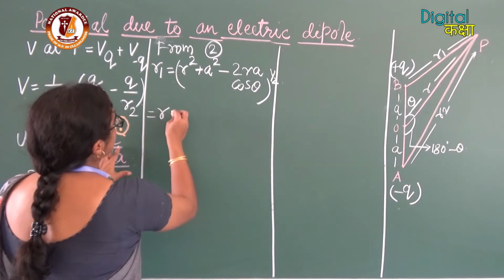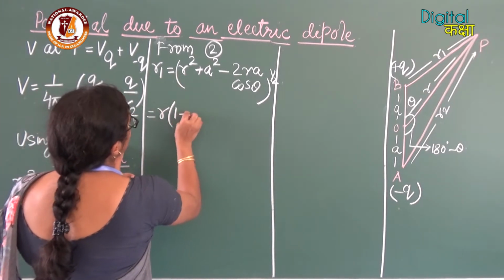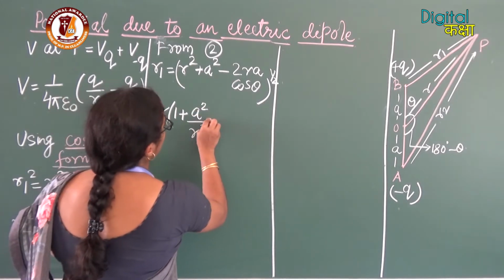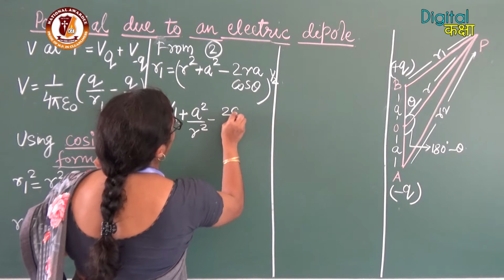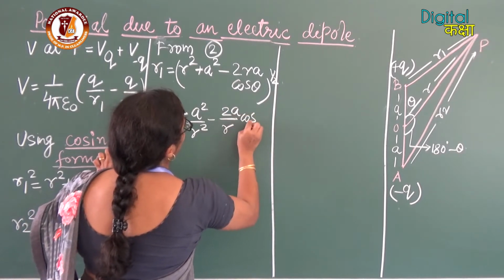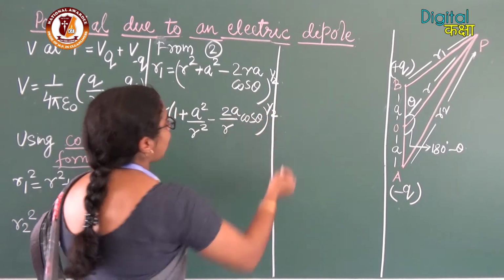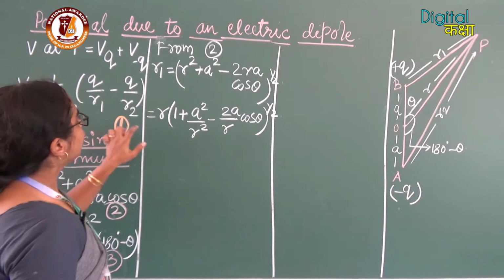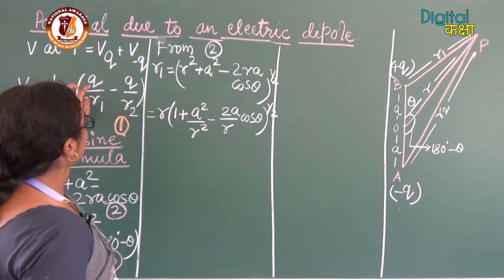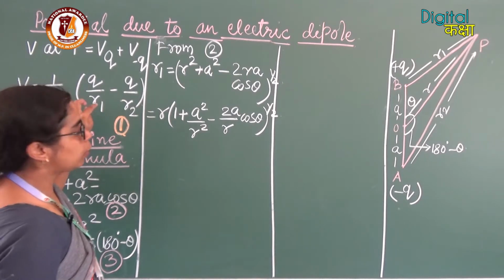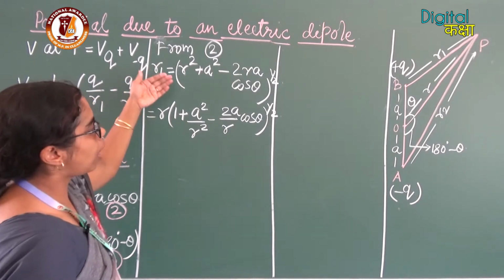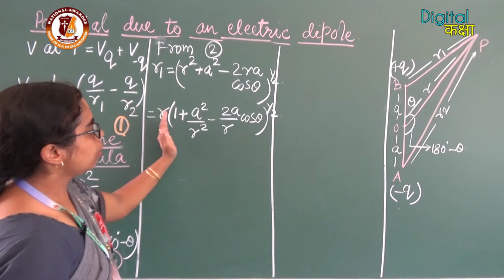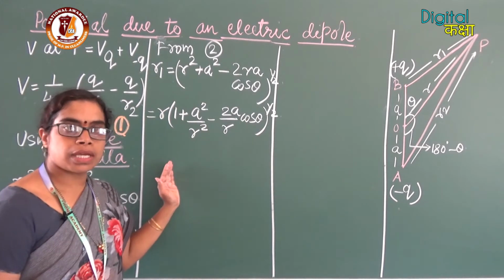So after taking R out, the formula can be written as R times 1 plus A square upon R square minus 2A upon R cos theta, to the power half. Since in equation 1 we need the value of 1 upon R1, in order to get 1 upon R1 I now have to take the reciprocal. Along with that, we are getting 3 terms in the bracket.